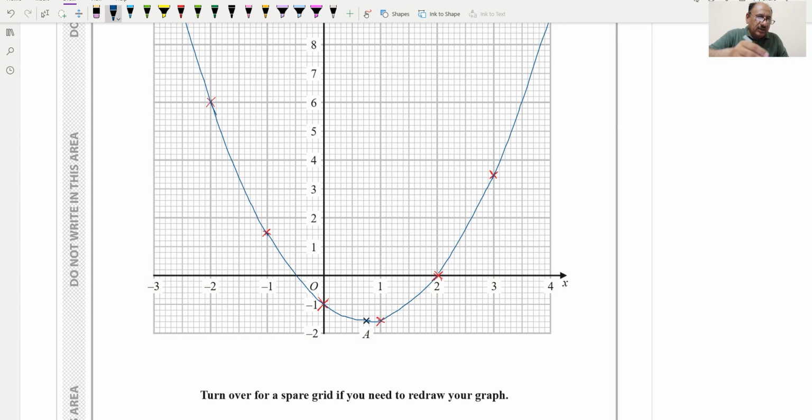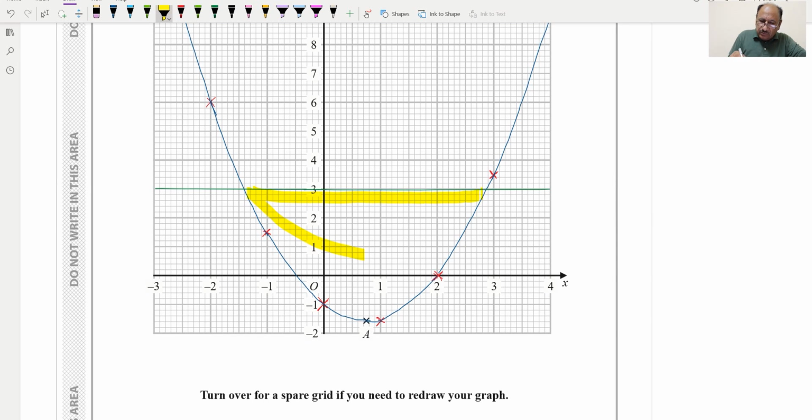I will draw the line, and this line will be this line. Hopefully you are understanding. And y is less than or equal to values will be which values? Lower than this.